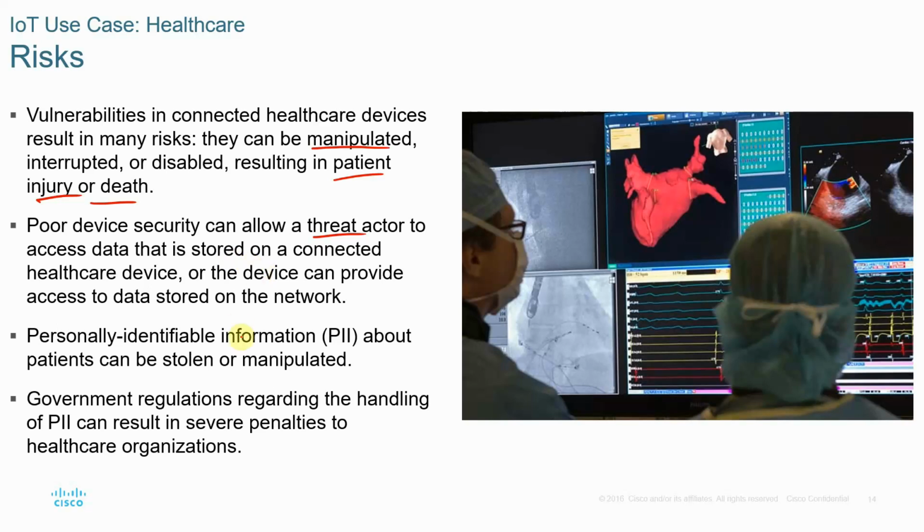Personal information can be stolen and manipulated, and there are very strong rules with very heavy fines if you break the government rules on personal data. One very obvious example is the SingHealth case, because at the end of the day, your personal information is leaked.